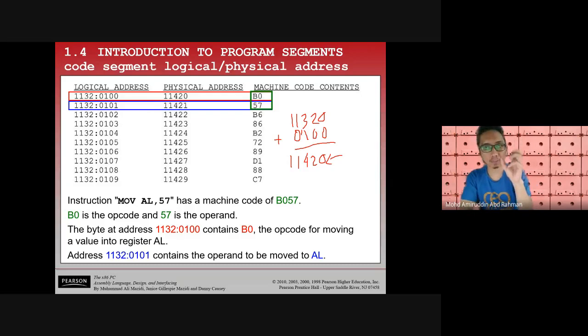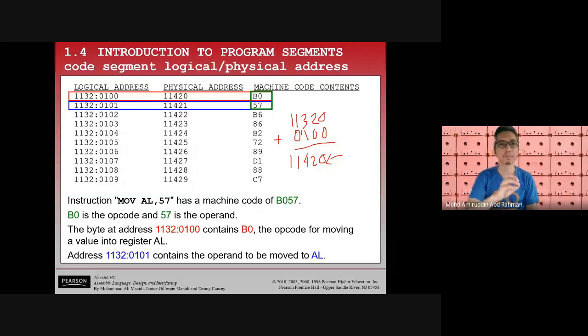The assembly language is first translated into the machine code. So the machine code to move to what register is the opcode, and then the value is the operand. Usually the opcode is executed first, and after that the value is executed.